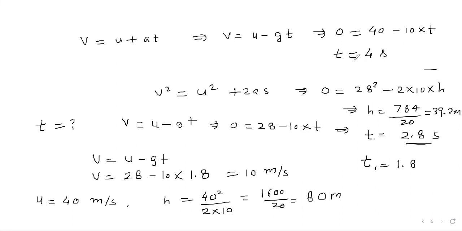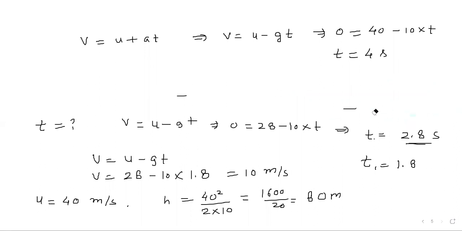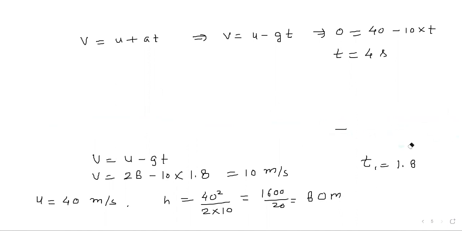Now, here again we have to find out velocity 1 second before reaching the maximum height. So let's evaluate it. v equal to u plus at, which gives v equal to u minus gt.